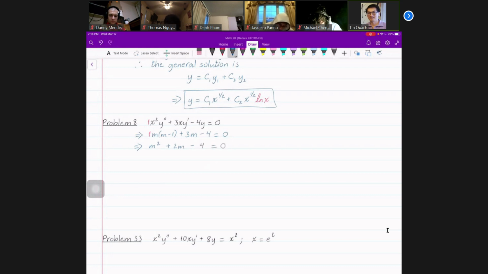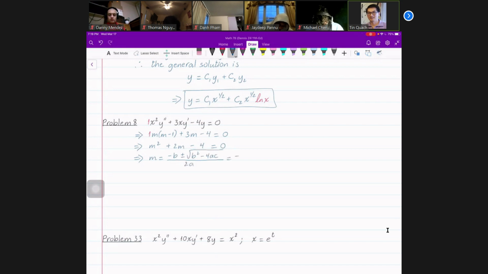And this is not factorable, so you need to use the quadratic formula. The quadratic formula is -b plus or minus square root of b squared minus 4ac all over 2a.